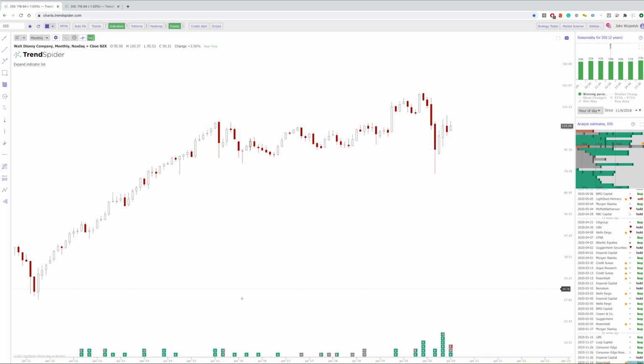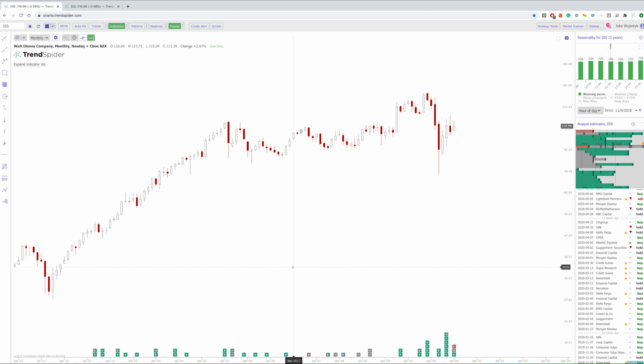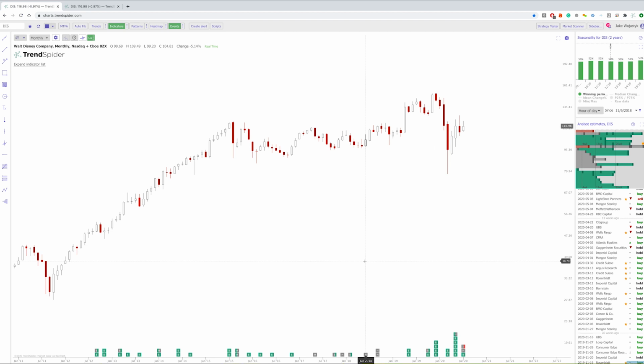So JP Morgan came out with a buy literally the month before this thing tanked. Do they know what they're talking about? Is this just a discrepancy here? But you can really go back and see, are these analysts actually right, or are they just throwing out a random buy or sell estimate and just kind of going from there?